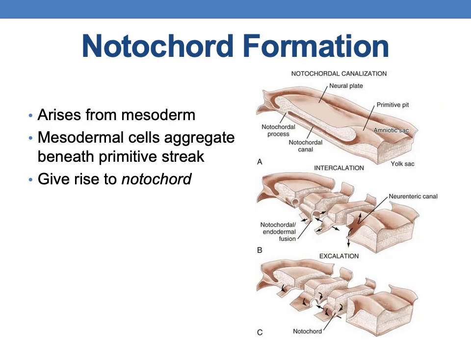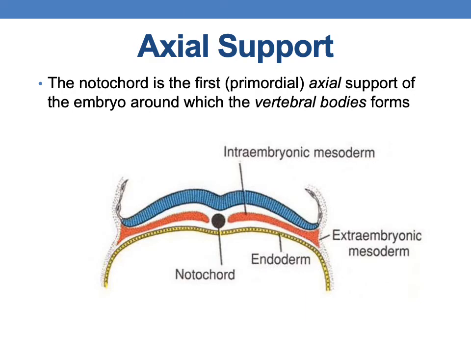Notochord formation. As the mesoderm layer is being formed, some mesodermal cells begin to aggregate immediately beneath the primitive streak. This aggregation of mesoderm cells forms the notochord. Axial support. The notochord is the first primordial axial support of the embryo. Do not confuse the term axial support with body axis.